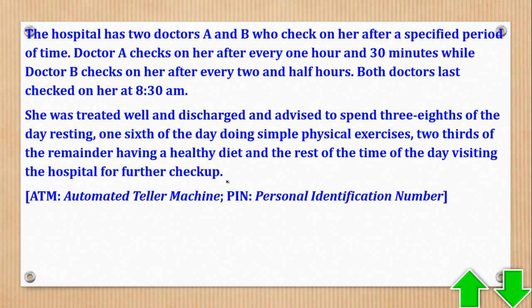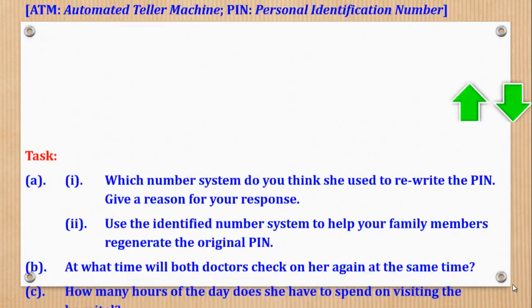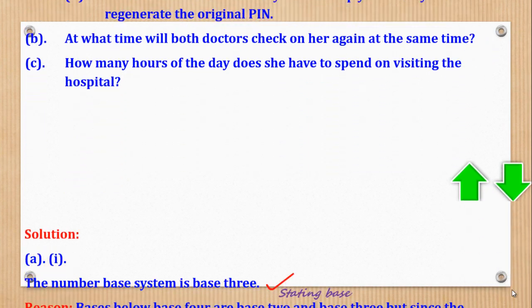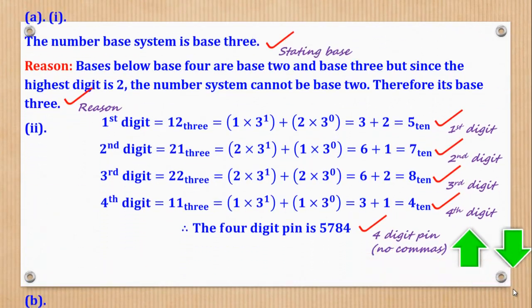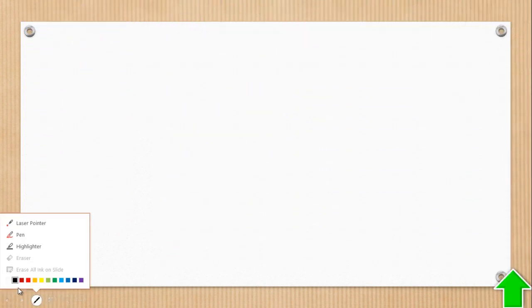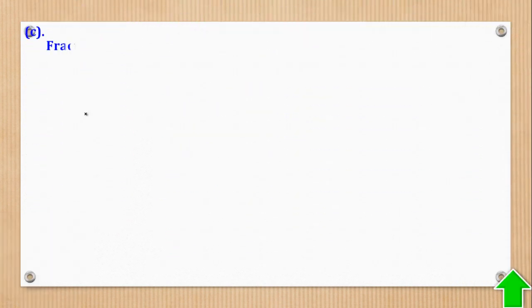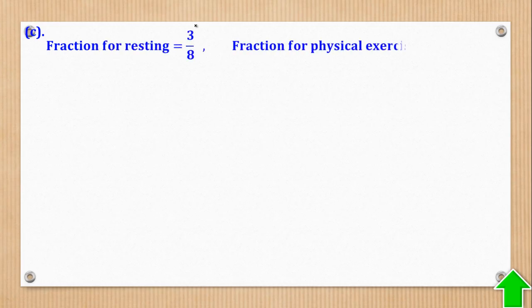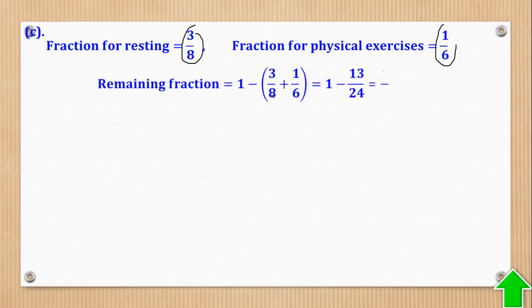Okay, so let's start. So fraction for resting is 3/8 and for physical exercise is 1/6. And the remaining fraction will now be 1 minus these two, to give you 11/24.